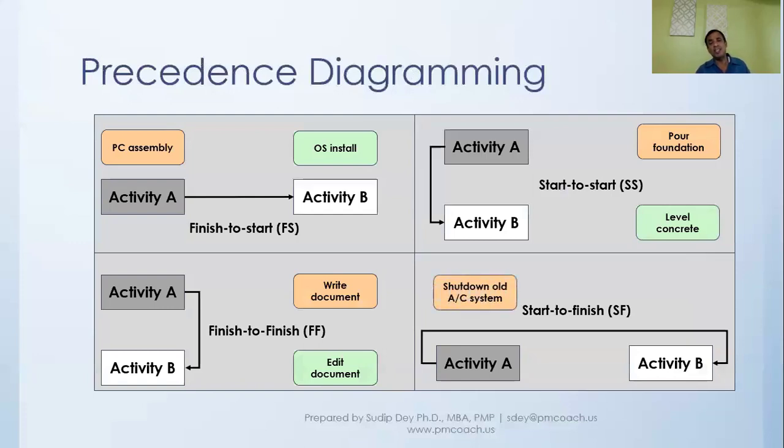So if we take activity A as shutting down the old accounting system and activity B as starting the new accounting system, what we're saying is that starting of the new accounting system cannot finish unless shutdown of the old accounting system has started. So this is a start to finish relationship. So there are 4 relationships: finish to start, FS, and these are terms that will come very often when you develop the schedule. Then finish to finish, start to start, and start to finish.